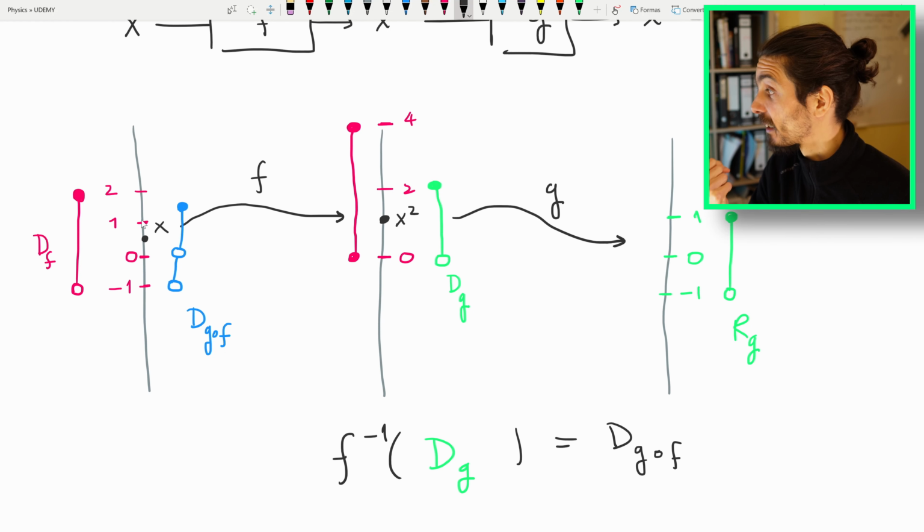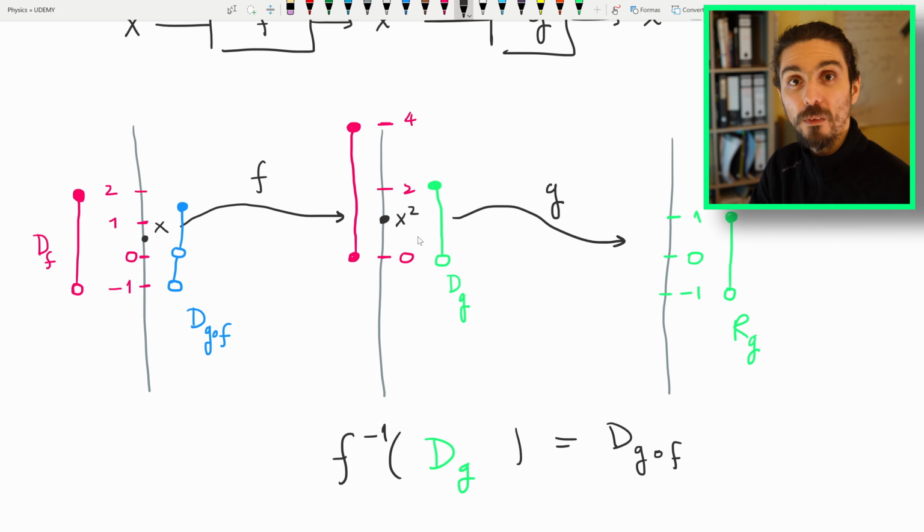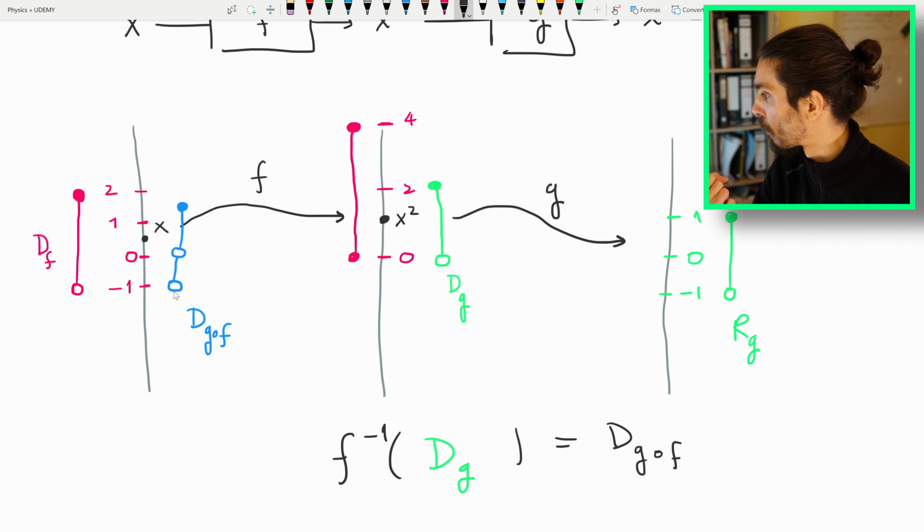What are the x's here that are mapped into those labels? Well, it turns out that the fruits are exactly from minus 1 up to the square root of 2, excluding the 0 and minus 1. In other words, those are the preimage of the domain of g. Okay? It gives us the fruits here that are attached to those labels.